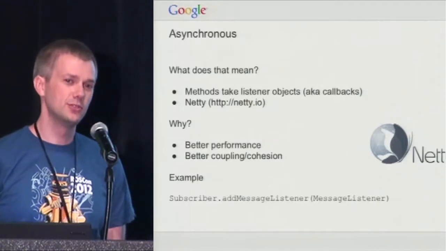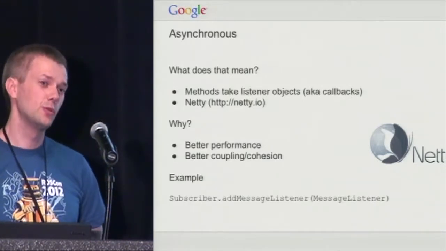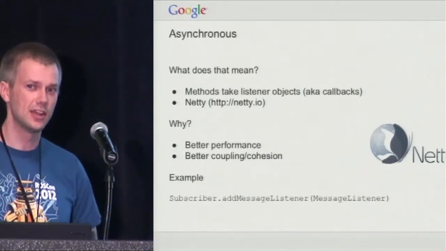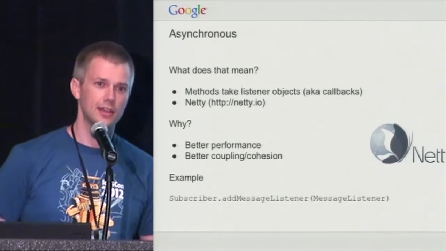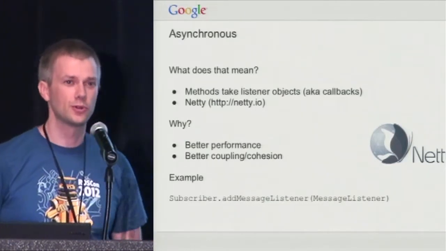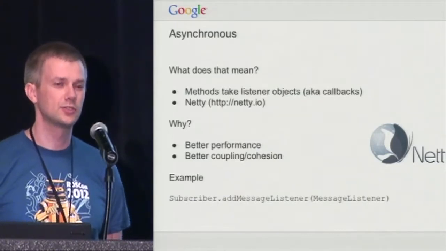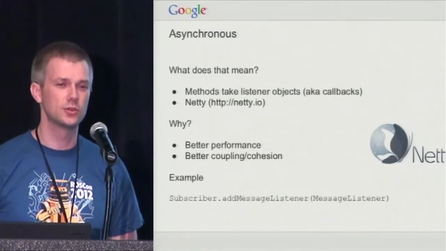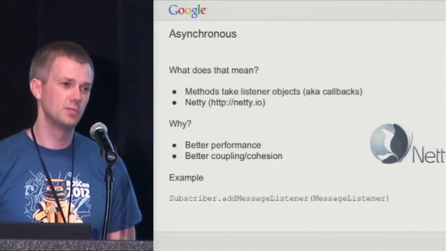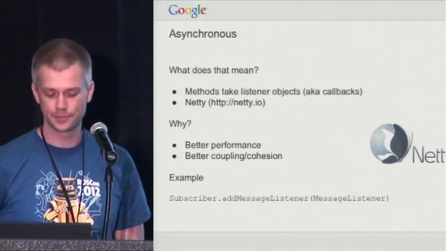So asynchronous gives you better performance in many cases. You can always write non-performant asynchronous code as well, but I think one of the more important things is that it helps promote better coupling and cohesion by encouraging developers to create nice components, in many of the same ways that ROS already does.